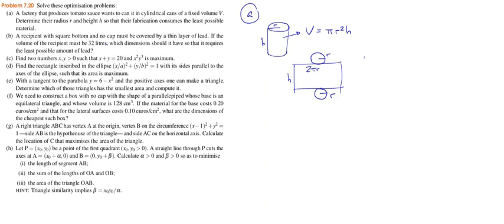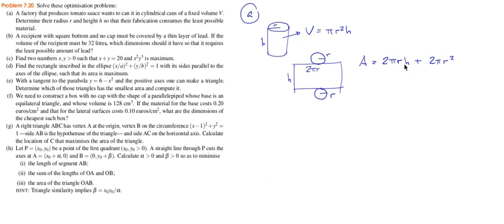So the area of the can is given by 2 pi r times h, plus 2 times pi r squared, right? And so this is the area.